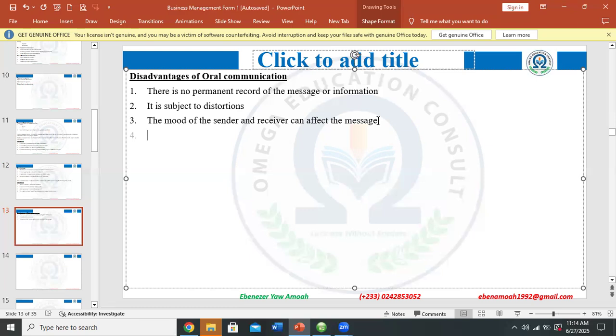So it sometimes leads to rash response or feedback. Because the person is speaking to you, you also want to reply. You end up saying things that you didn't take time or didn't plan to say. So it also leads to rash response or feedback.